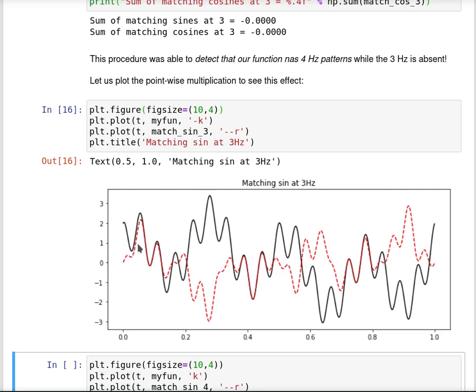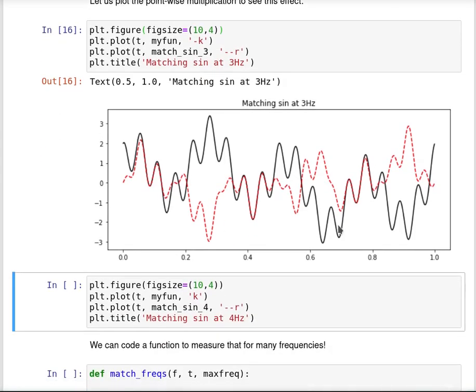So some points of the function match with them, so we have a high value here, but some of them are completely different, so they have a negative value because they are on opposite sides regarding the zero value here. The negative values cancel out the positive ones, so that's why we have a very low number, in this case near zero, when we sum them all.